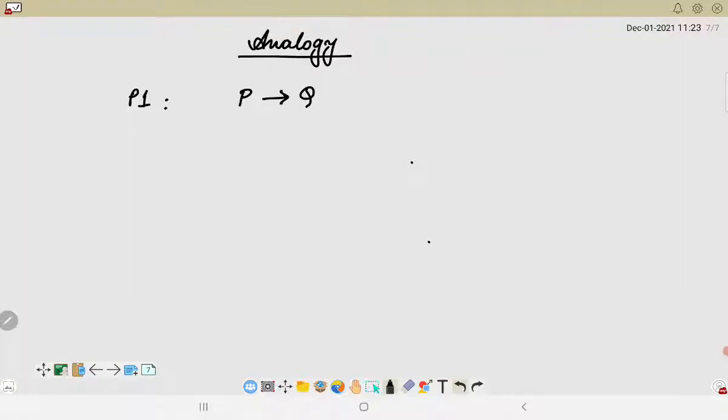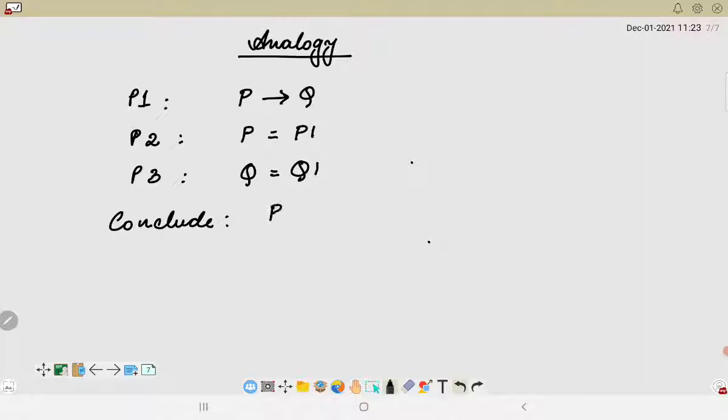Premise number 2 says that P is equivalent to P1. Then premise number 3 states that Q is equivalent to Q1. So therefore we would conclude that P is equivalent to Q.